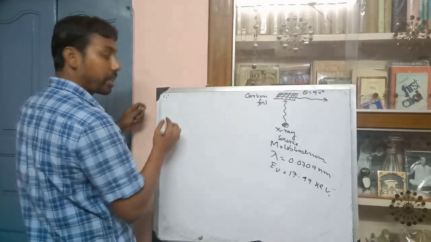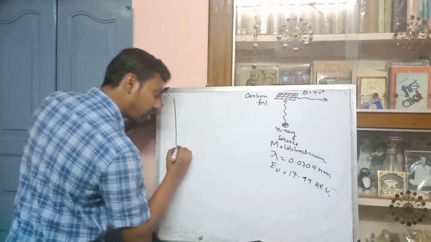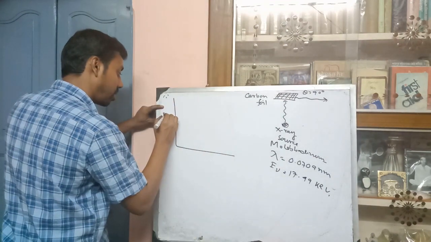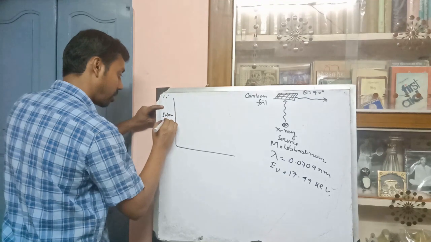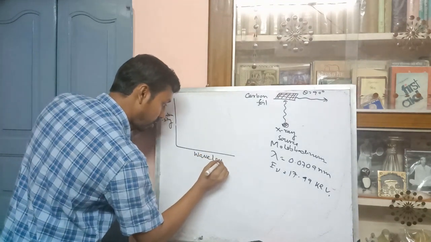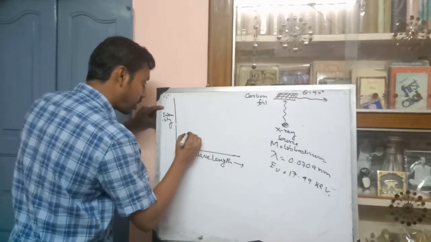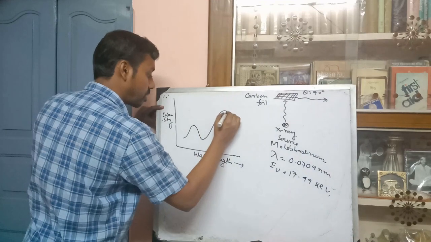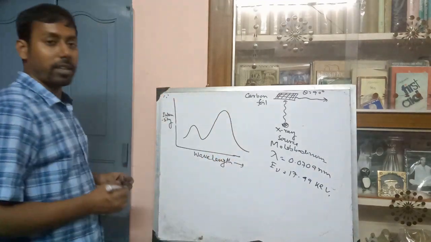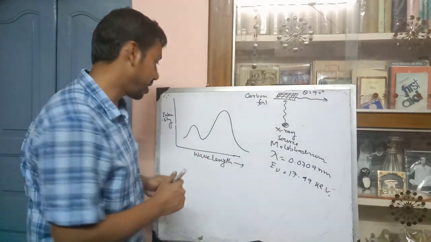We are plotting the intensity versus the wavelength, and we get this kind of plot with two peaks at an angle of 90 degree.